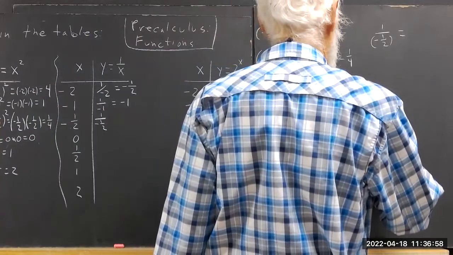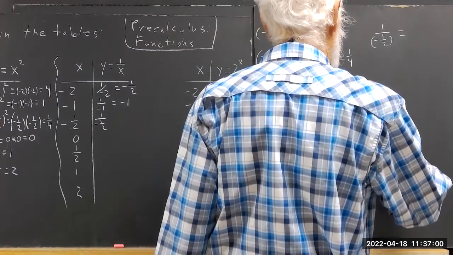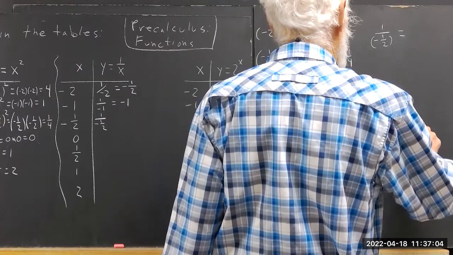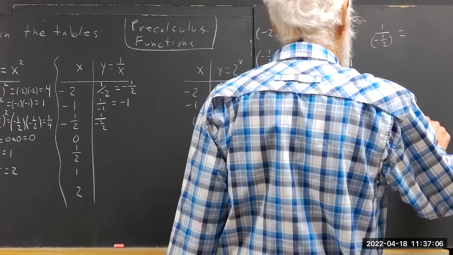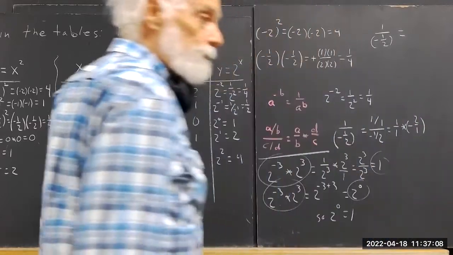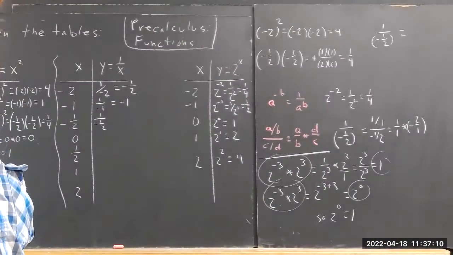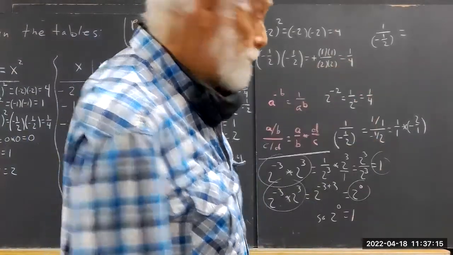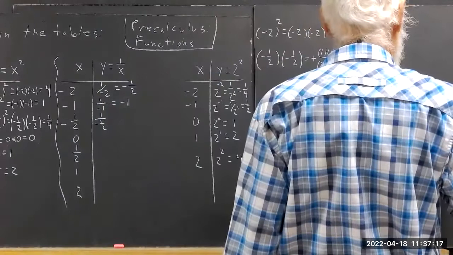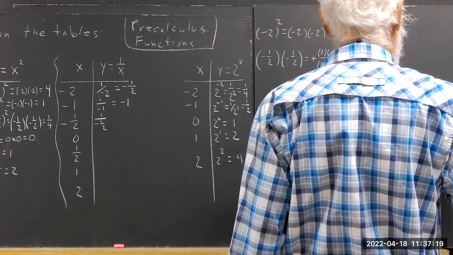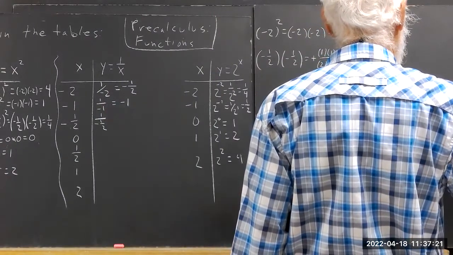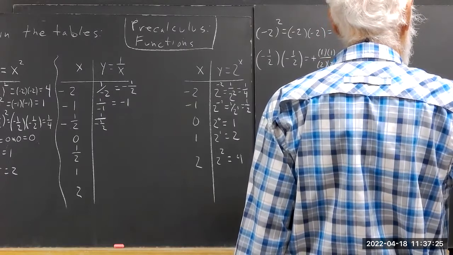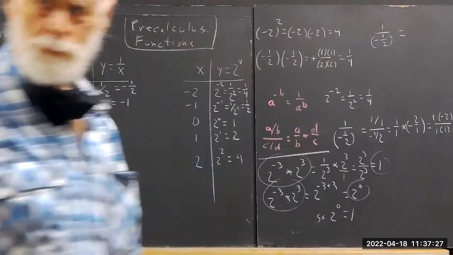And this is then -1/2, which is then 1/1 times -2/1. So we just take the denominator and flip it. Numerator times numerator is 1 times -2, over 1 times 1, which is -2.